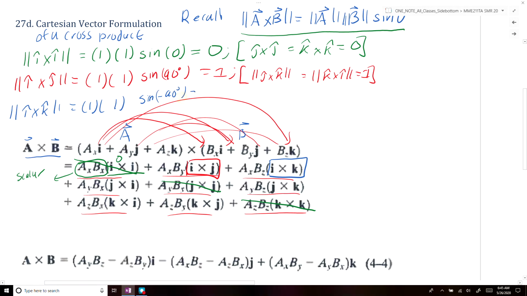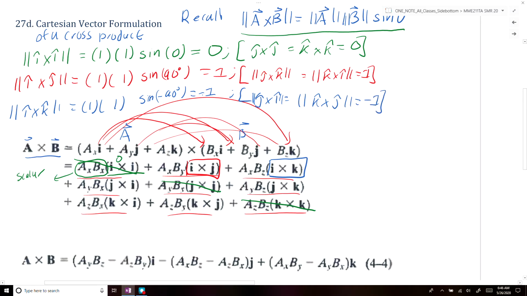The sine of negative 90 degrees is equal to negative 1. This is going to be very similar for unit vector j cross i, which is going to be the same as k cross j. These will all equal negative 1.